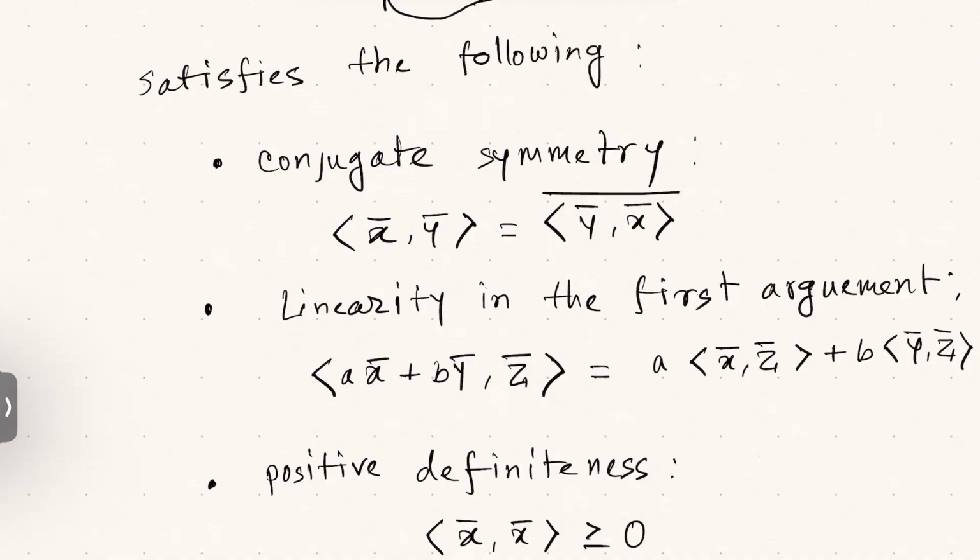I mean, in an arbitrary field, there is no conjugate. The product has to satisfy conjugate symmetry. So what does the bar above y comma x mean?